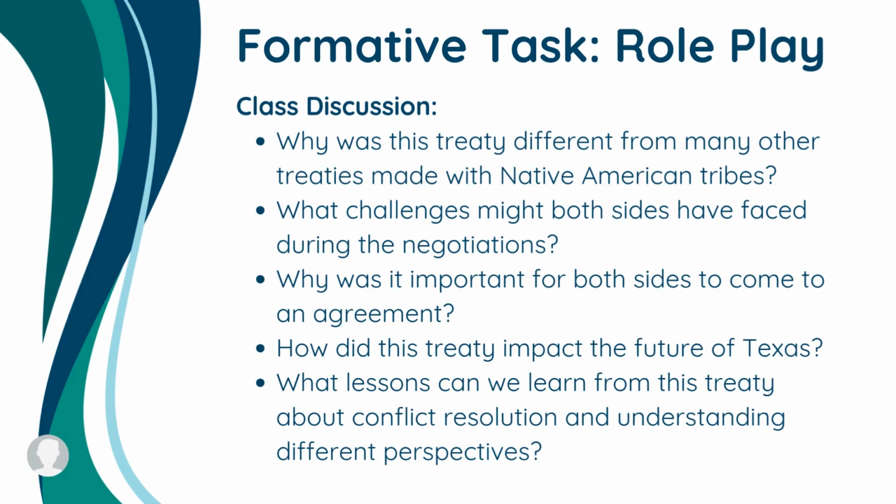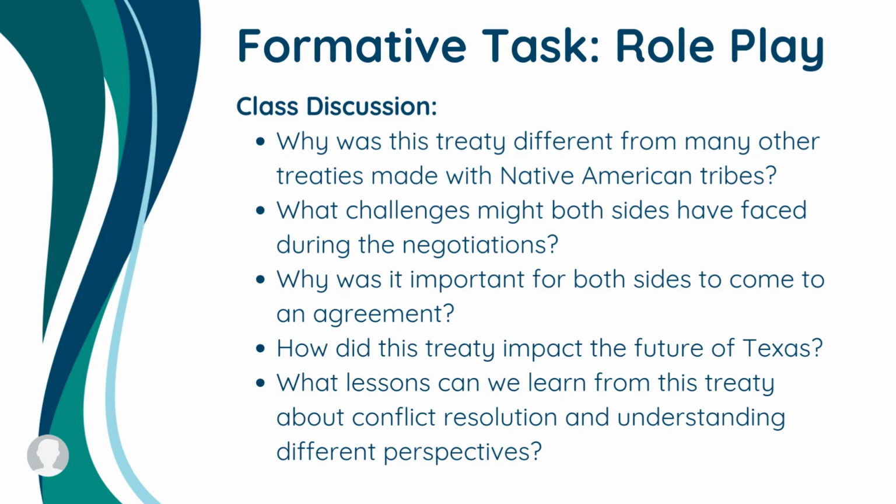After the role play, you'll facilitate a class discussion with these questions. There are example answers provided in the slides that go with these questions. And so you'll explore with students how the treaty was different from other treaties and consider the challenges of both sides and think about why reaching an agreement was so vital to both parties.